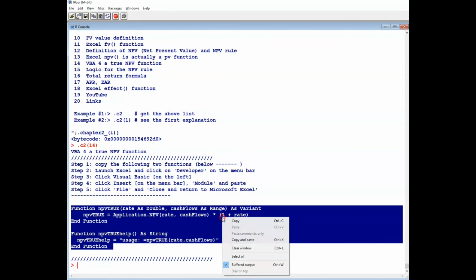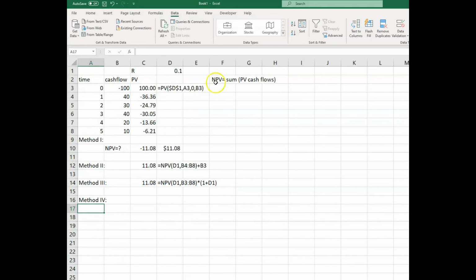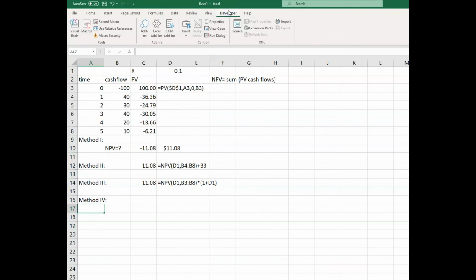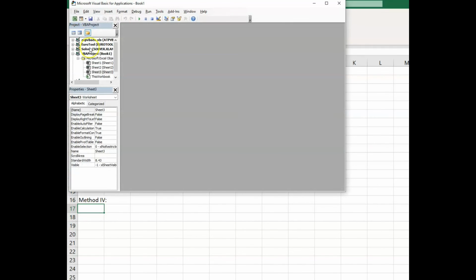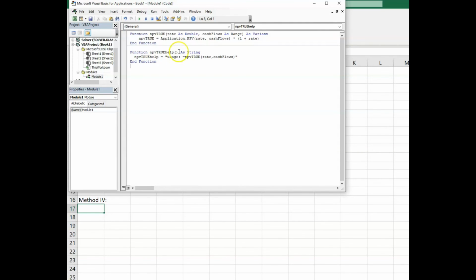That's it. Copy, go back to Excel, click Developer, click Visual Basic, click Insert, click Module and paste. That's it.